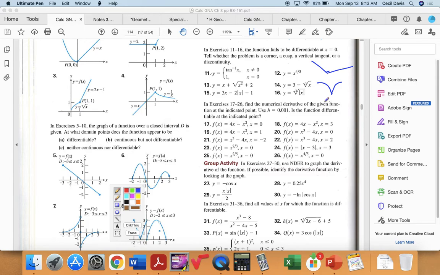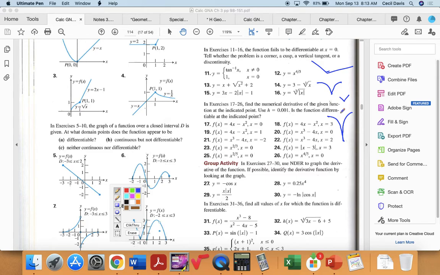There probably are some functions, I don't know any of them, that when you zoom in they still look like this, and other ones, when you zoom in, start looking more like that. This is your classic cusp. And if that one, when you zoomed in, started looking more and more like the absolute value function, you would say that it was a corner.